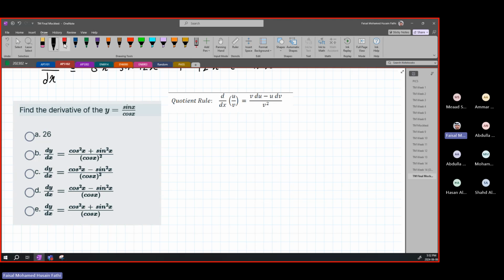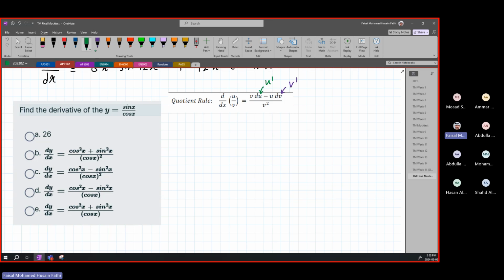What does this mean? This quotient rule, it says v du. du is the same as u prime, all right? This is u prime, and dv is v prime. It's the same meaning, all right? So du is u prime and dv is v prime.